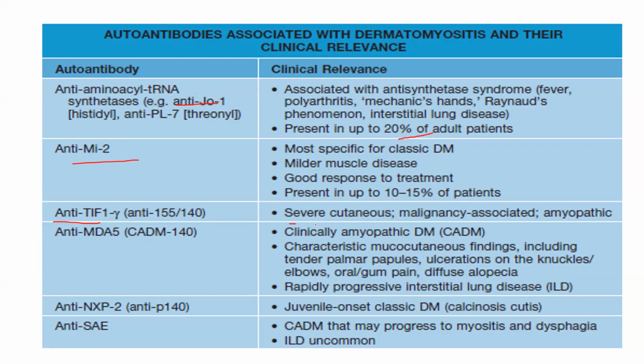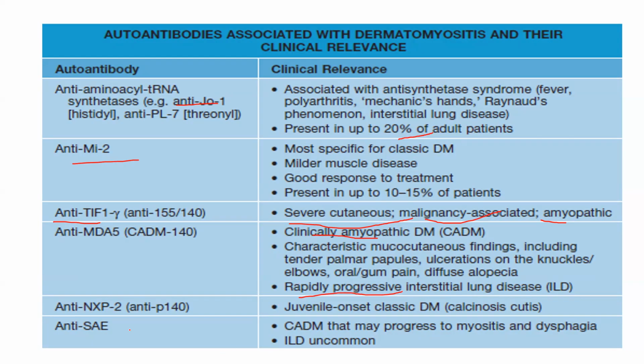They have been seen in severe cutaneous, malignancy-associated, or amyopathic dermatomyositis, but not in all cases. The other one is the anti-MDA5. This one has been seen in clinically amyopathic dermatomyositis, and is usually seen in patients who get rapid progression to interstitial lung disease.